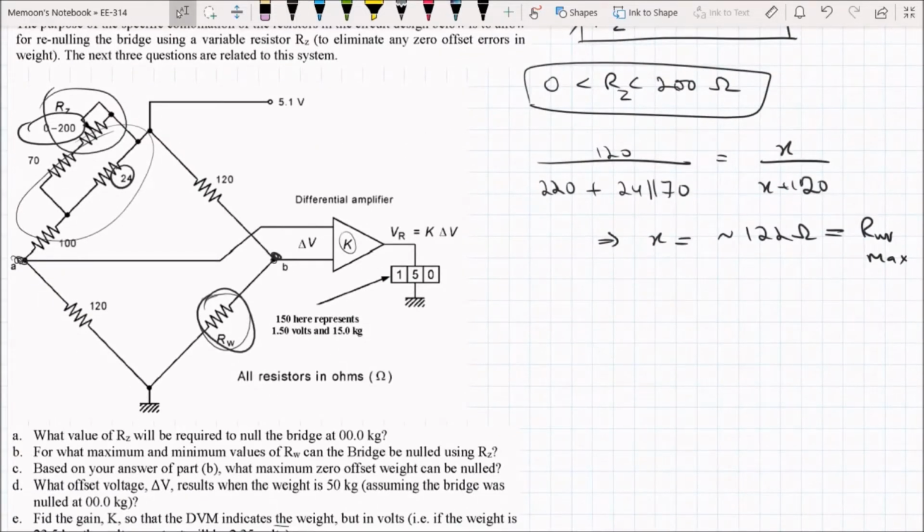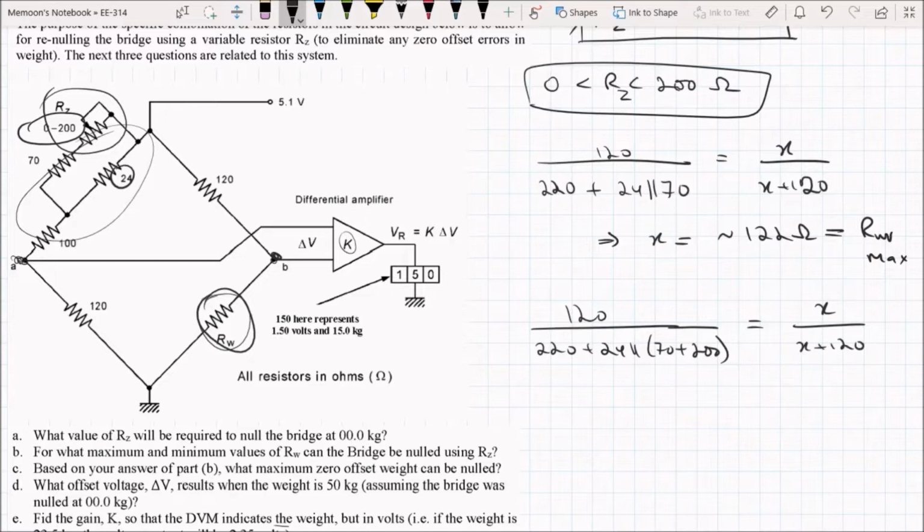Then by putting Rz equal to 200, our equation will become 120 over 220 plus 24 parallel to 70 plus 200 is equal to x over x plus 120, and that will give you x equal to 118 ohms approximately, which is equal to Rw minimum.